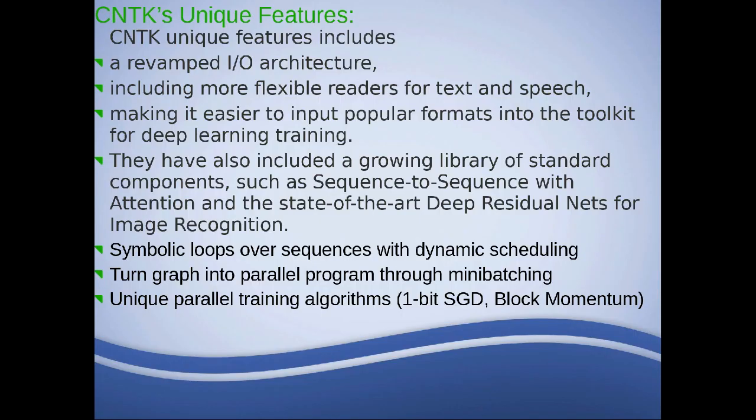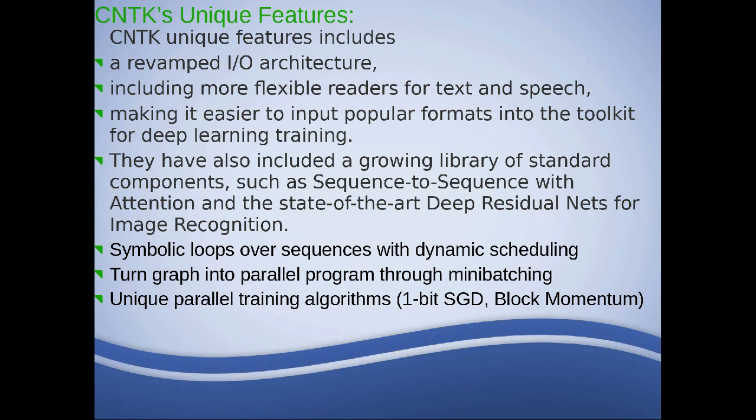In this slide we list out CNTK's unique features. CNTK's unique features include: first, a revamped I/O architecture. Second, more flexible readers for text and speech. Third, making it easier to input popular formats into the toolkit for deep learning training.